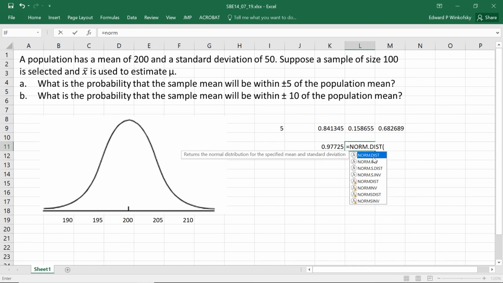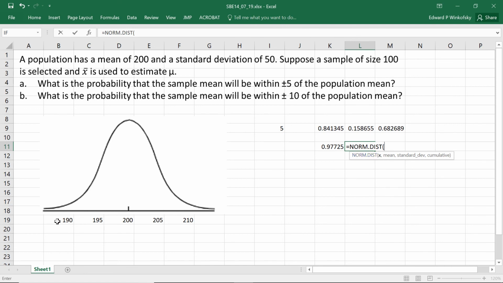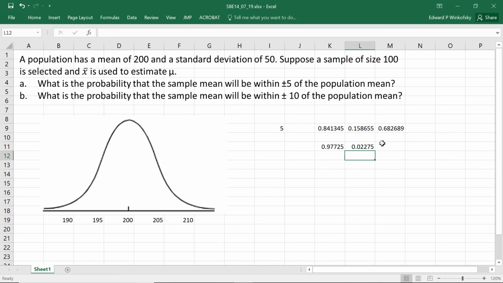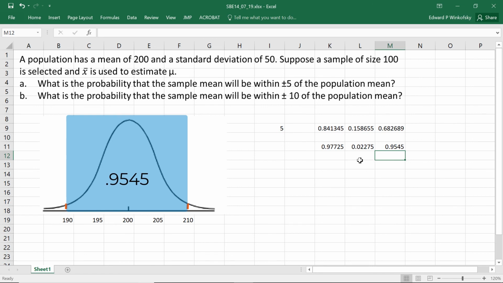So NORM.DIST is going to be 190 with a mean of 200, a standard deviation of 5, and of course cumulative. And subtract those two numbers, and that will give me the area in between them, which in this case is 0.9545.